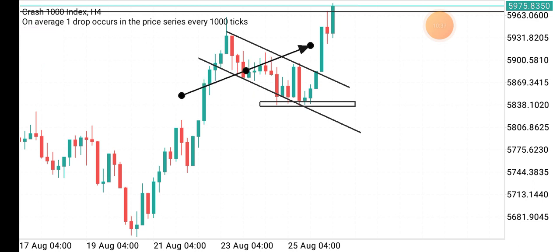So it is very advisable you practice this, and practice and practice. It's very simple. All you're looking out for is this pattern, then you find an entry. In most cases, you will have to wait for a breakout, a pullback, then before you find an entry. But in some cases, you can always get your entry before there is a breakout.